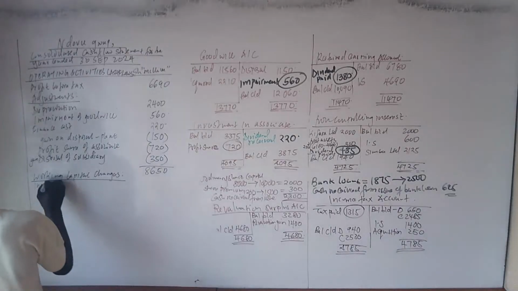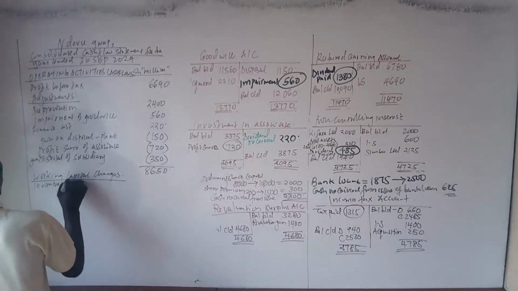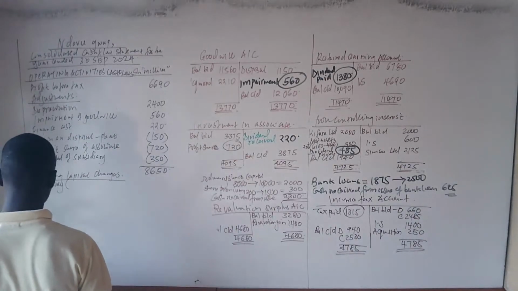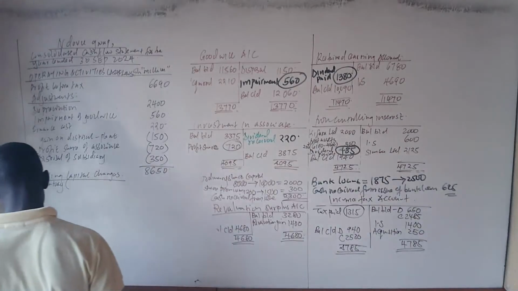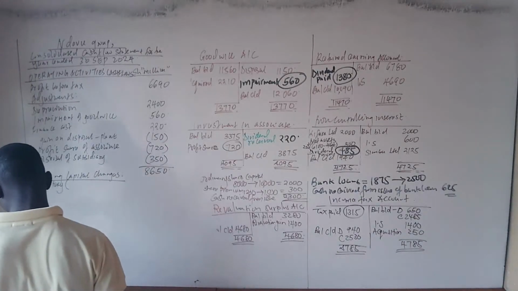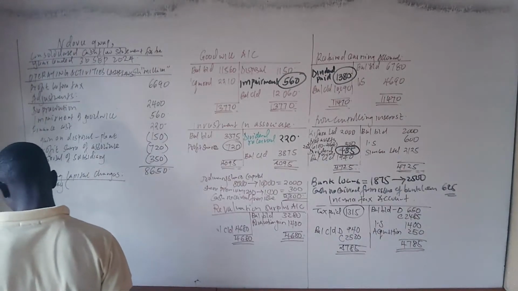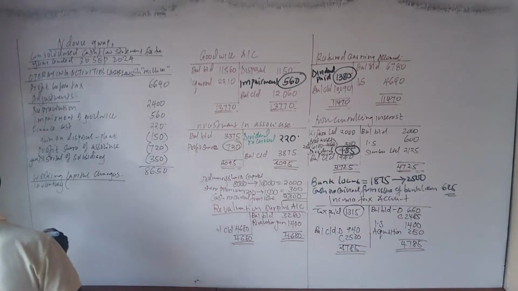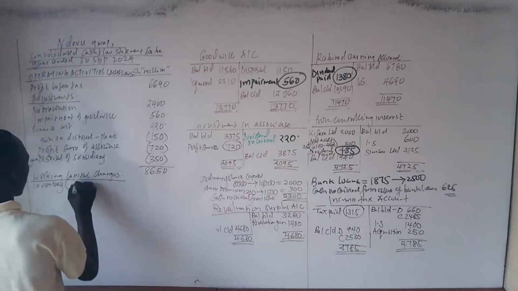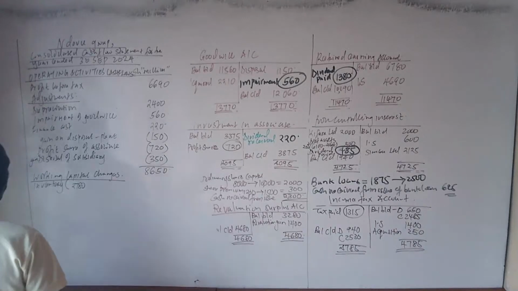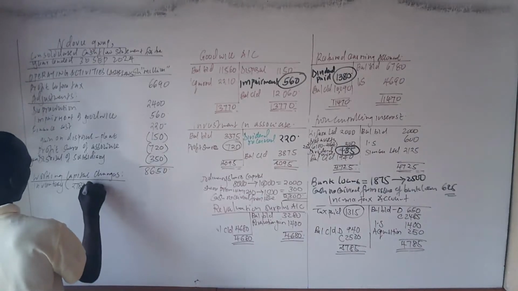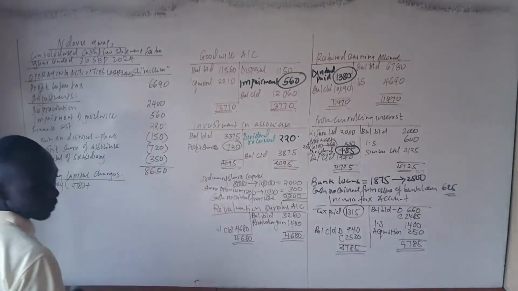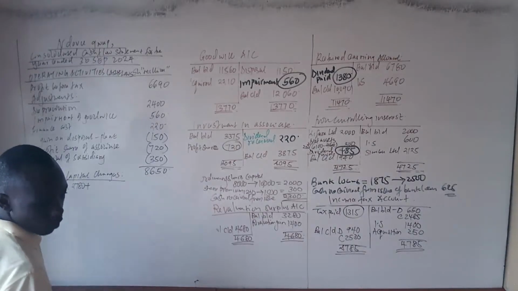Give me inventory. Inventory at the beginning was how much? Inventory at the beginning was 2780. Then we acquired inventory of how much?